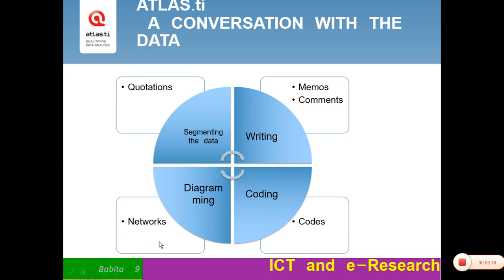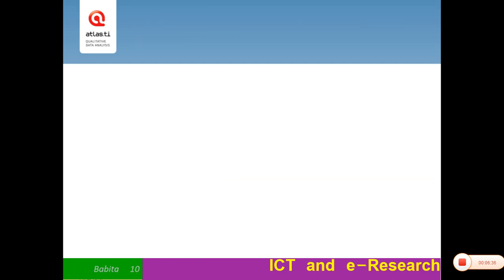Similarly, network describe the content of the network, and for diagramming it is used. Similarly, quotations, so these contain the interpretation of the data segment, or the summary of data segment, or the transcript of video segment, etc. So these are used as the objects in Atlas TI.